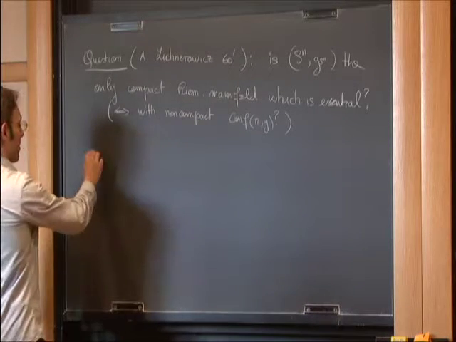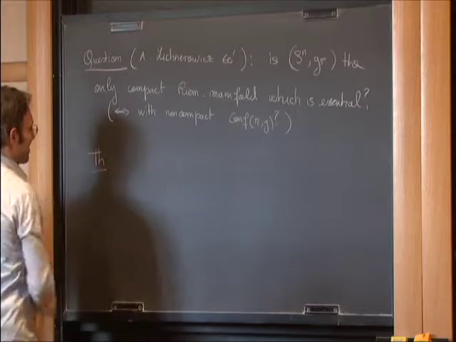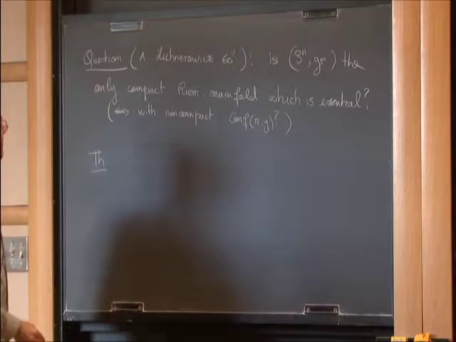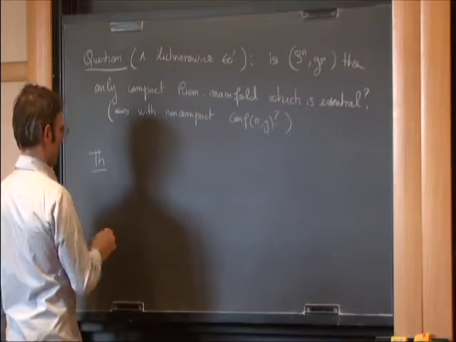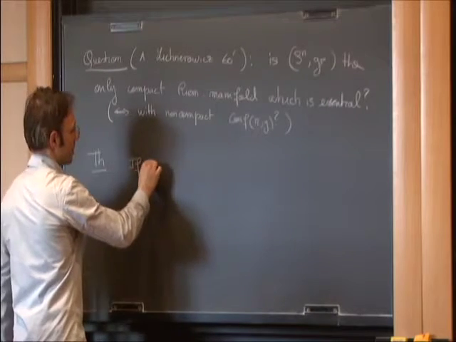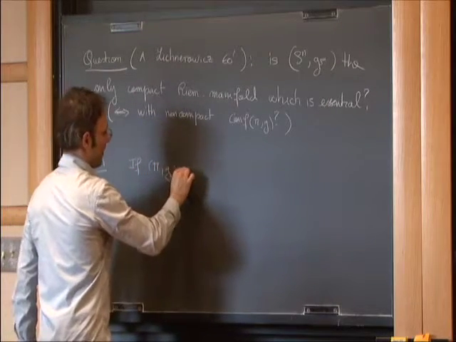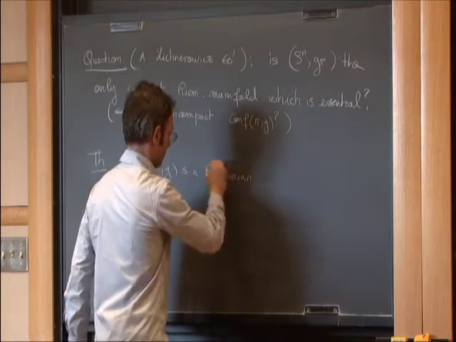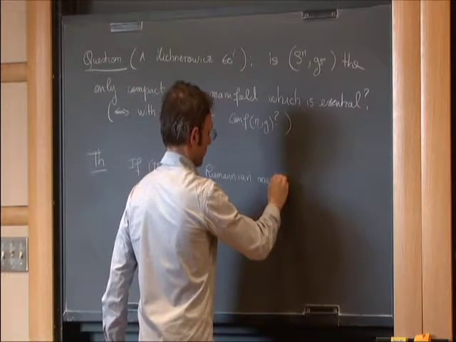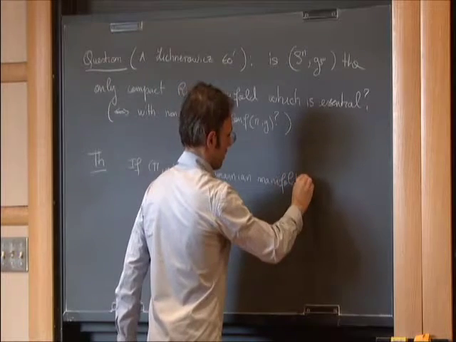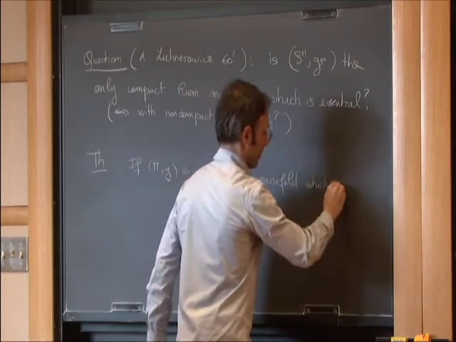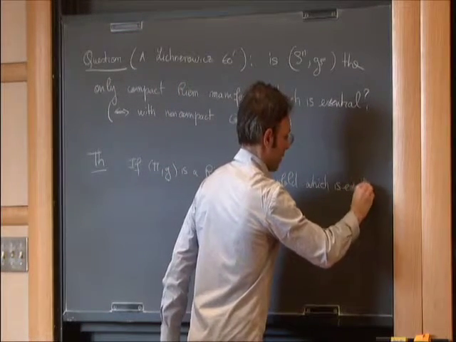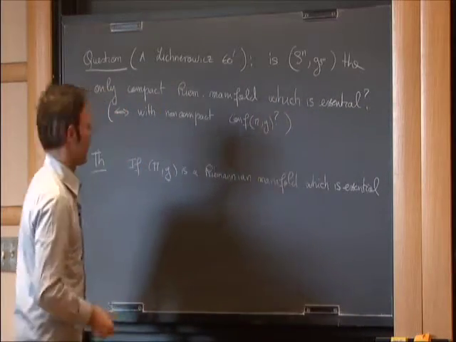So what is the theorem? The theorem can be stated very simply. If (M, g) is a Riemannian manifold which is essential, then only two possibilities occur.